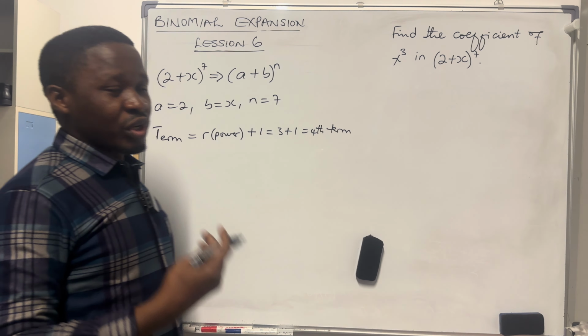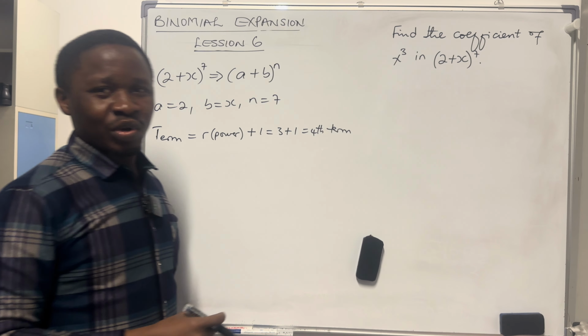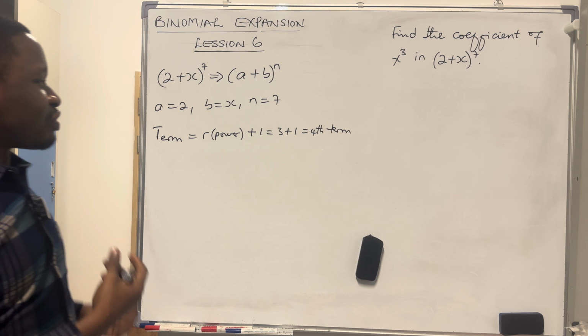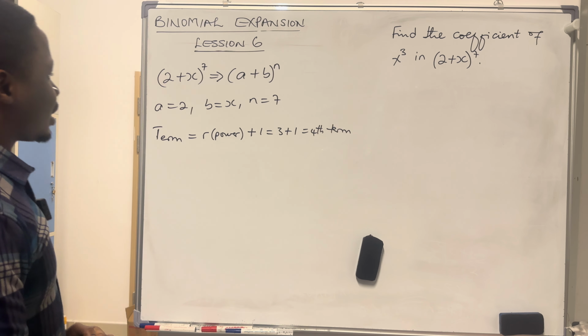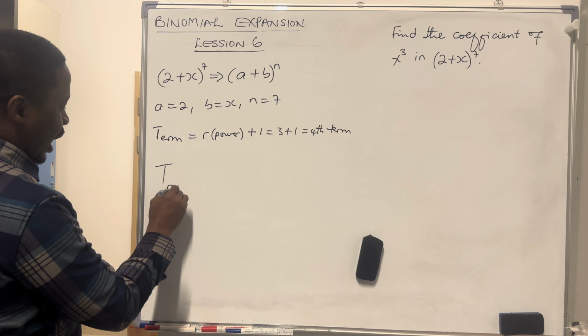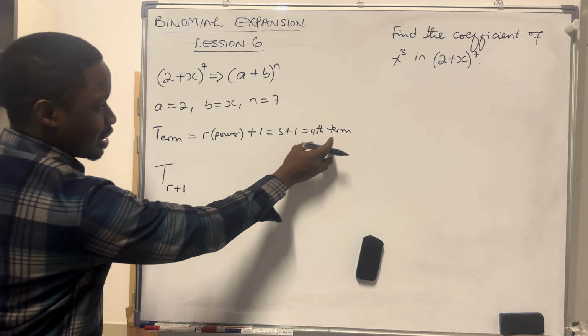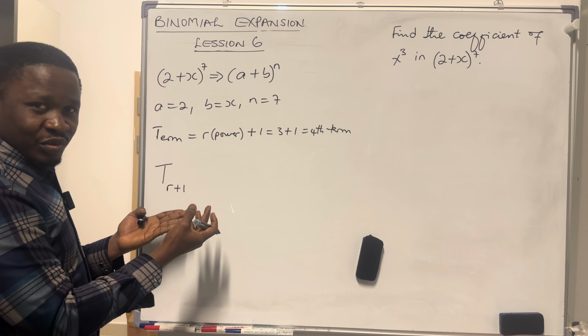So if the question says, what is the coefficient of x cubed? Now the question is like, what is the coefficient of the fourth term? I hope it is clear. All right. So the general term is r plus 1. You see the fourth term, where r is the power, 3 plus 1 is 4.